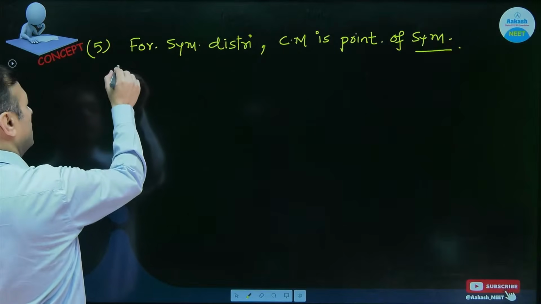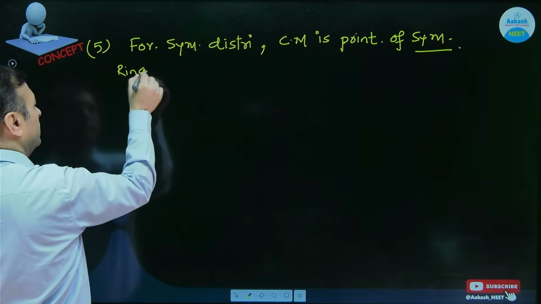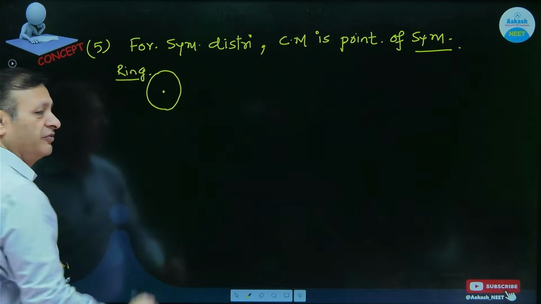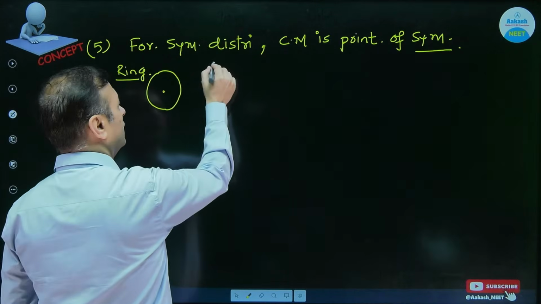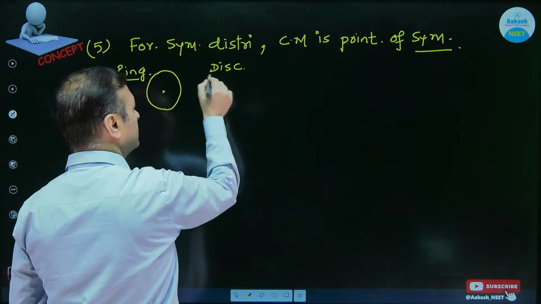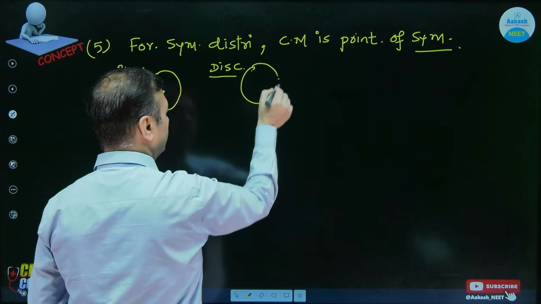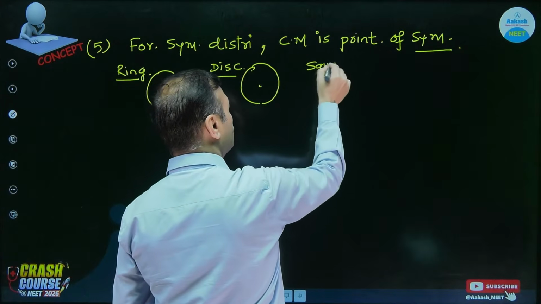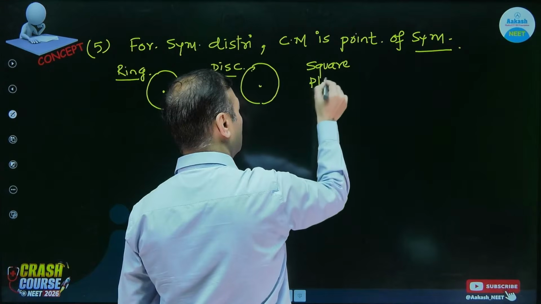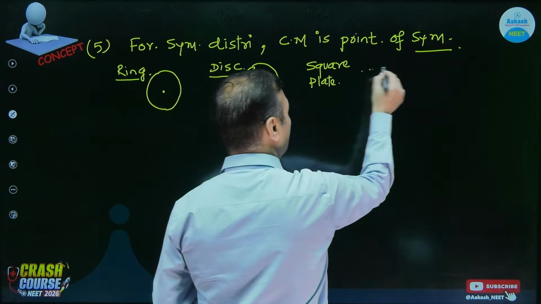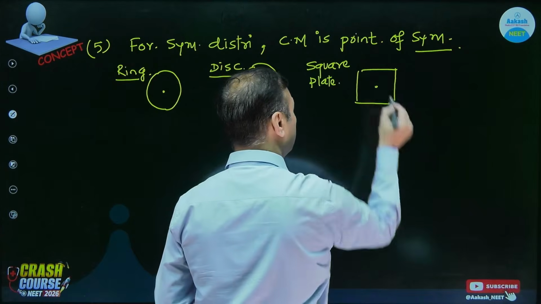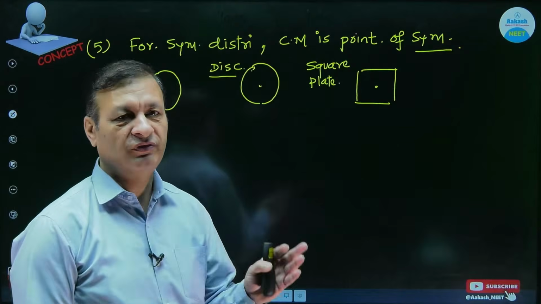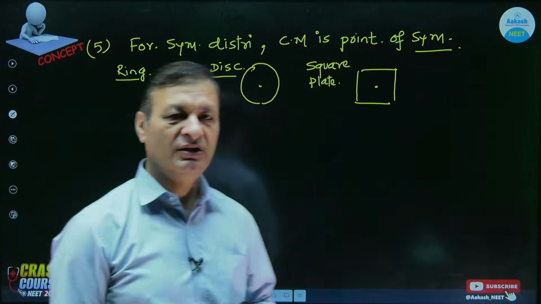Let's suppose you have a uniform ring distribution, this is the center of mass. For a uniform disk, this is the center of mass. If you have a uniform square plate, this is the center of mass. All these points are points of symmetry if you have a symmetrical distribution.